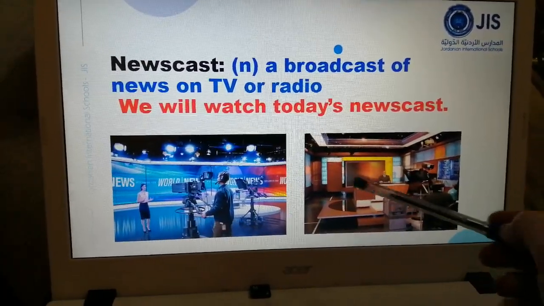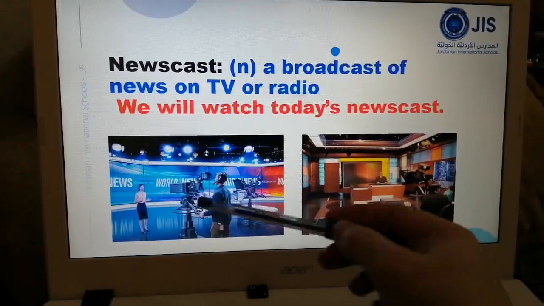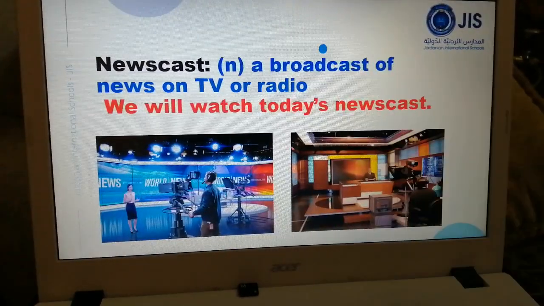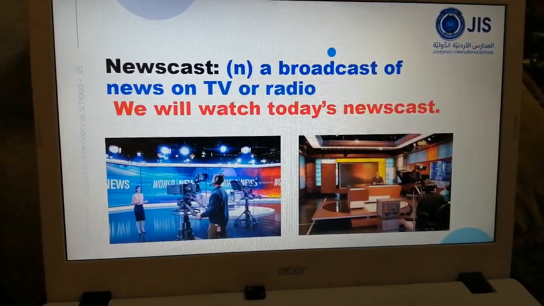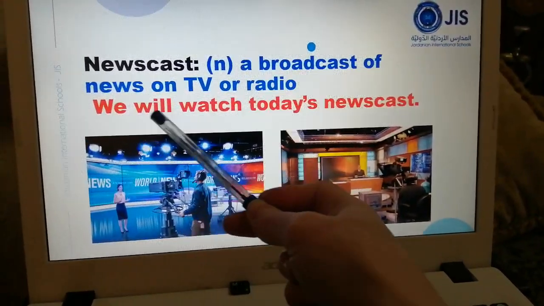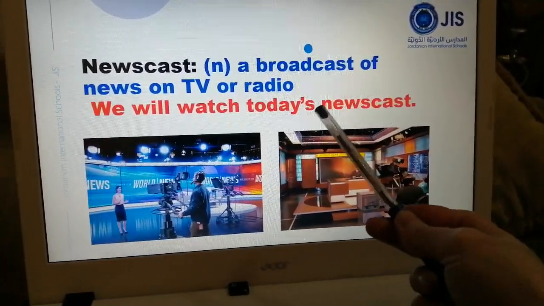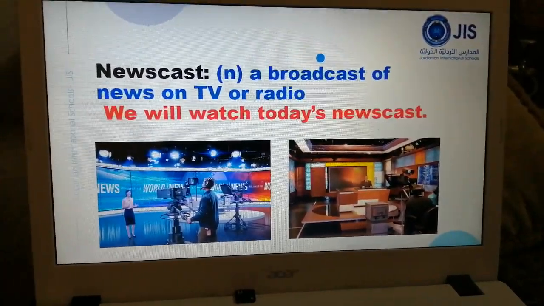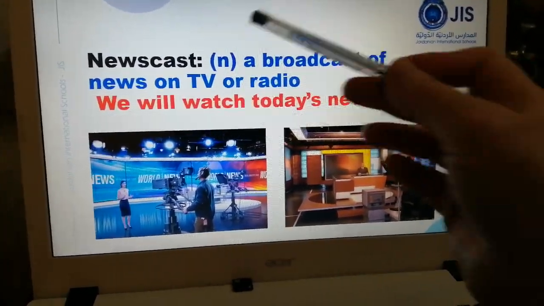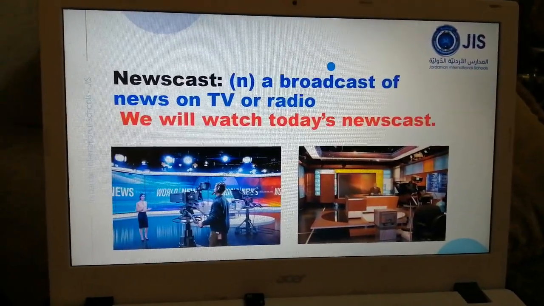These are examples of the newscast on TV or radio. When you watch the news on TV, it's a newscast. For example, here we will watch today's newscast. The news for today, it's a newscast, it's a noun, and it's a closed compound word.